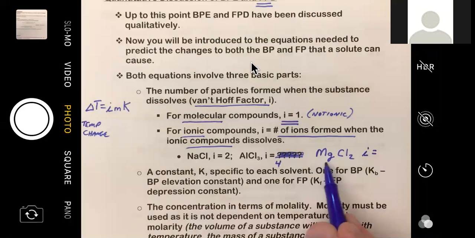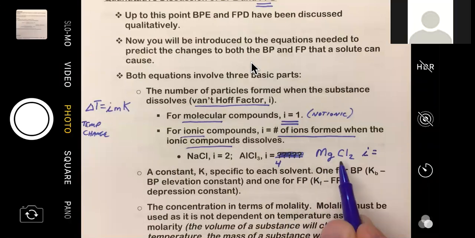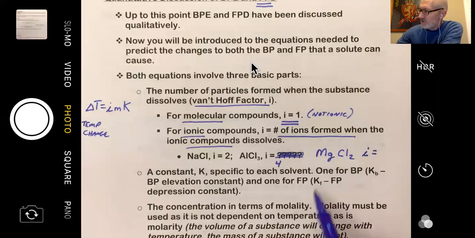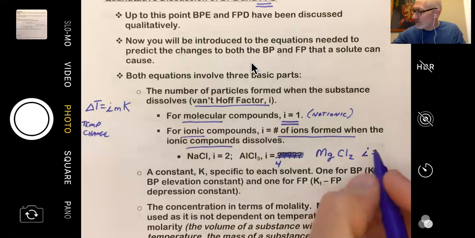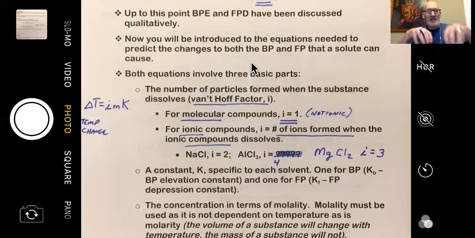Well, how many Mgs do you see in the formula? Just 1. How many Cl ions are there? 2. Yep. So how many total ions are there? There's 1 Mg and 2 Cls, so that's a total of how many ions? 3. So the Van't Hoff factor, this number that indicates how many particles are dissolved in, would be 3.